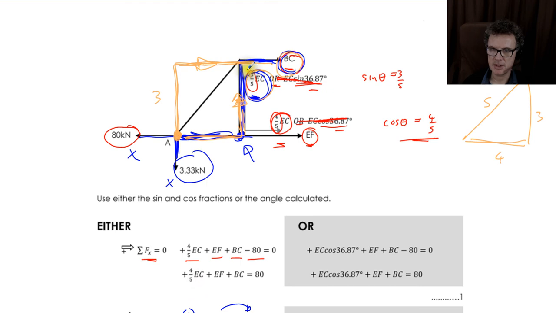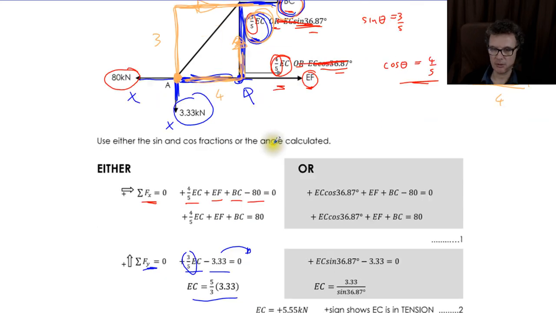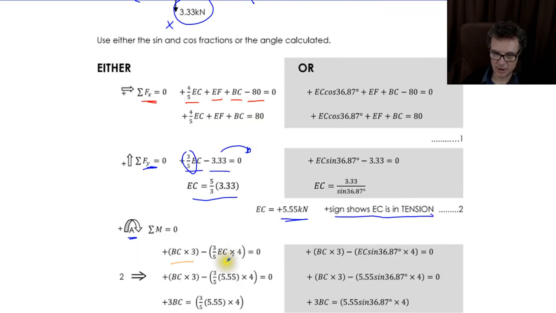Next one is this force here, which we found to be 3/5 EC. The distance from here to here is 4 meters, so it should be 4 meters times 3/5 EC. Is that what we have? That's what they've done there. So we can rewrite this. We previously found what EC is, so I will substitute that term in, making sure that I keep it positive.